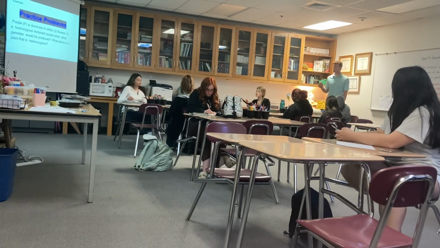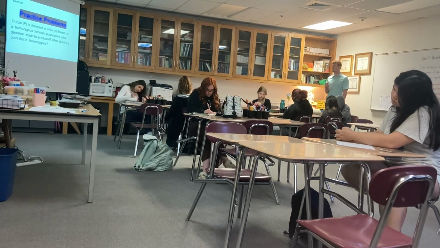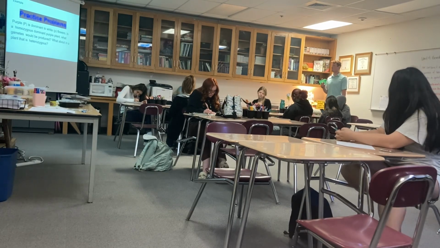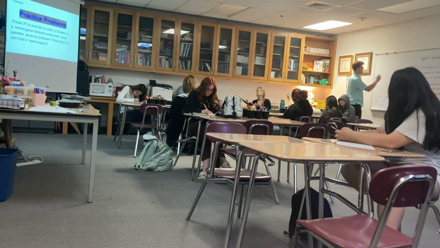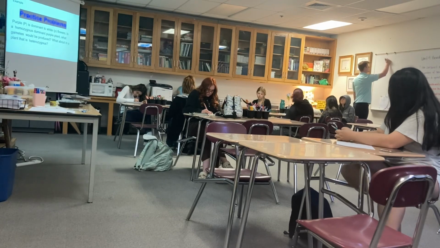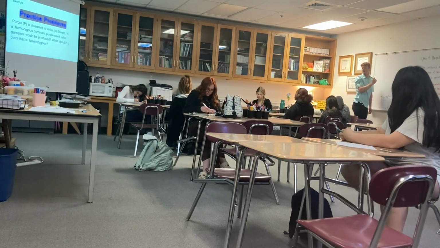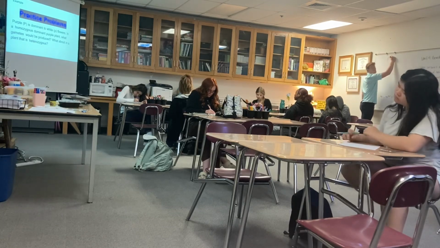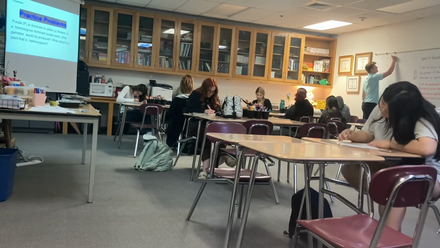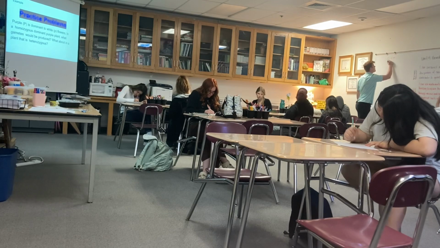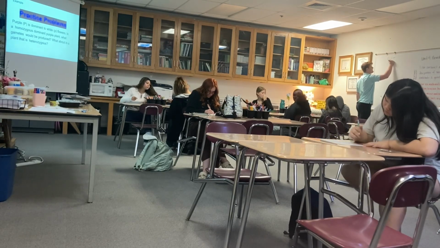But first we do want to write down our genotypes and label what our alleles are. So again, capital P is equal to purple, and lowercase p is equal to white.